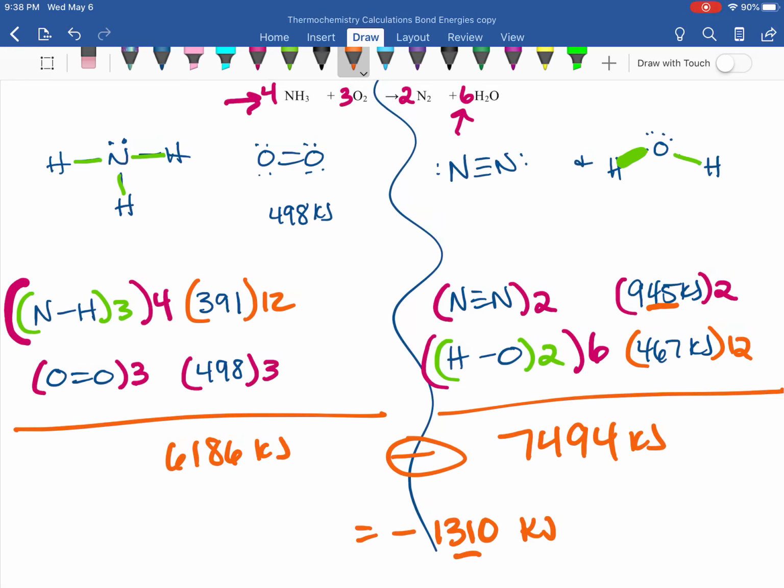I would say within 100 kilojoules, especially when you're getting much bigger. It depends how big or small your numbers are. I mean, if we get into the tens of thousands and you're off by 100 or 200, that's pretty good. But if we're down at like 20, you want to be fairly close. But yeah, these numbers should be pretty similar.